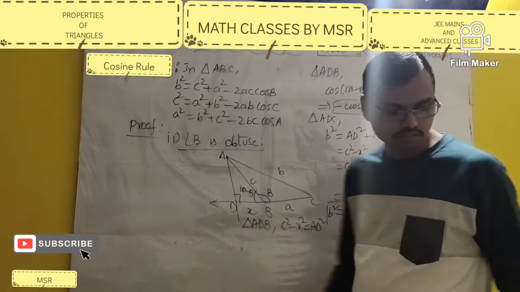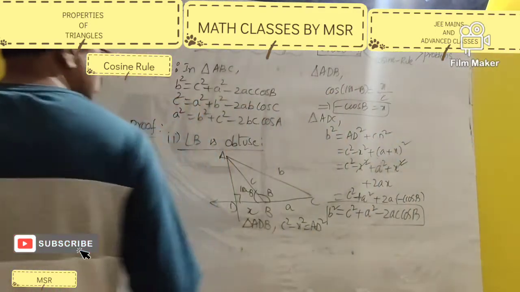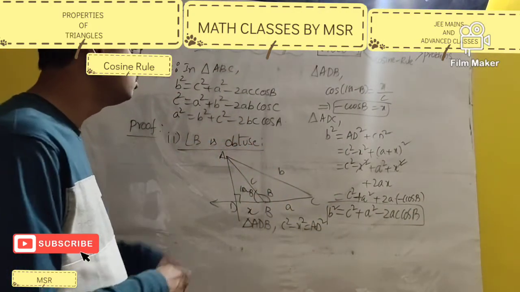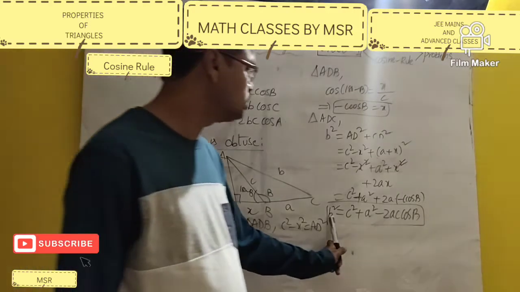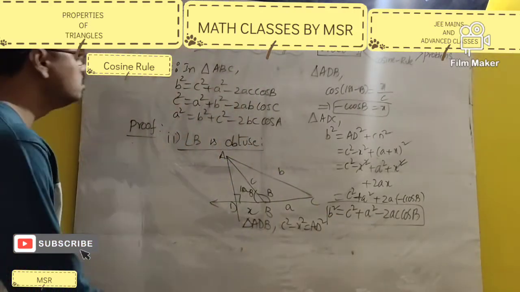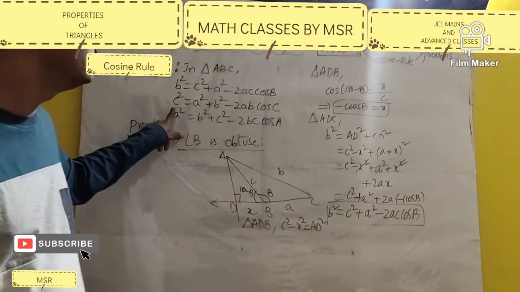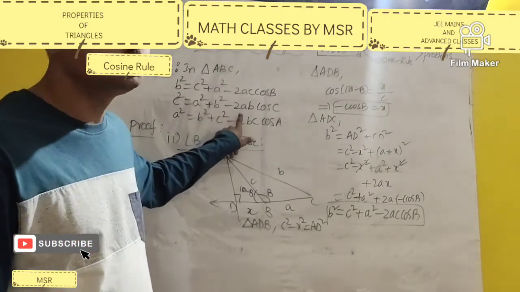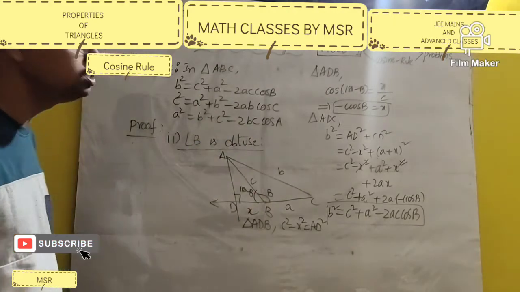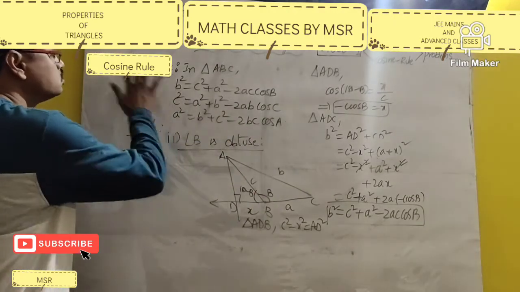So B square is equal to C square plus A square minus 2AC cos B. So we proved in all three cases that B square equals C square plus A square minus 2AC cos B. Similarly, we can prove the remaining also: C square equals A square plus B square minus 2AB cos C, and A square equals B square plus C square minus 2BC cos A. So this is about the cosine rule.